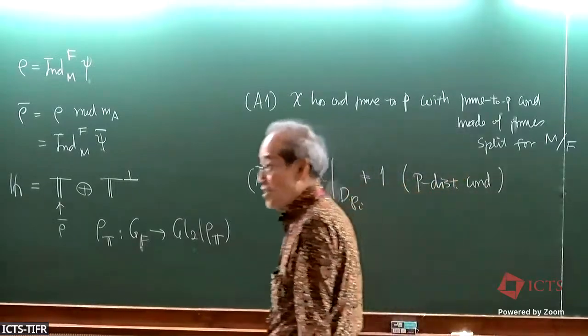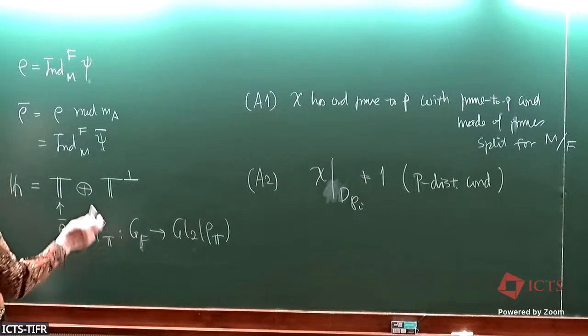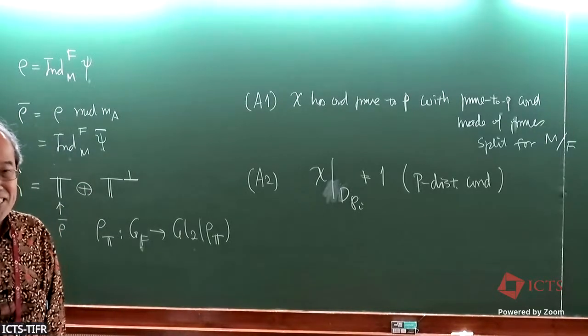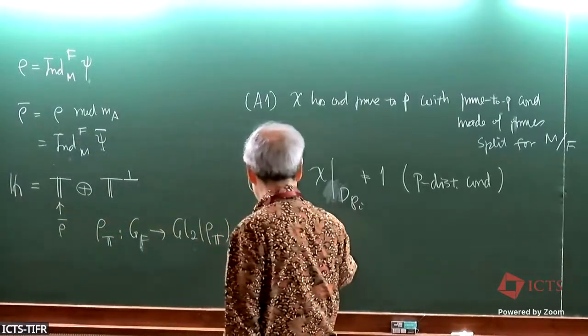And this is necessary to have a universal deformation ring attached to this, or the existence of a universal deformation ring of rho bar, I should say, the nearly ordinary deformation ring. And also the R equals T theorem.